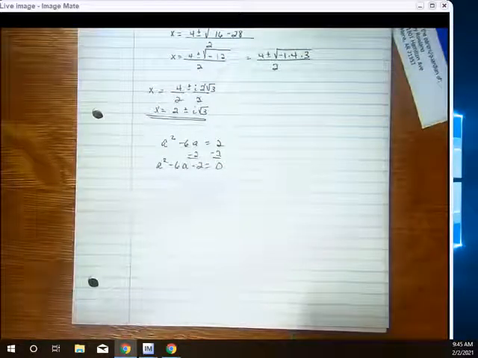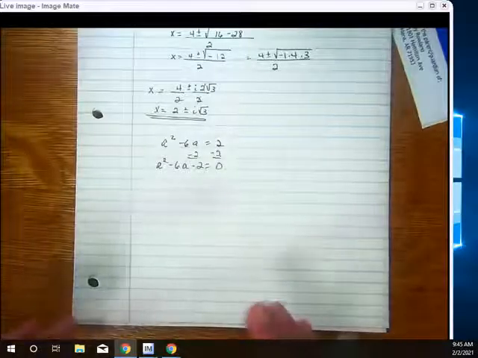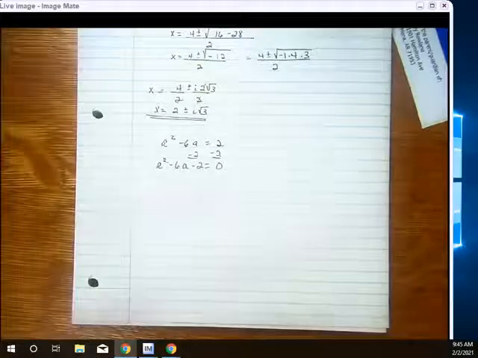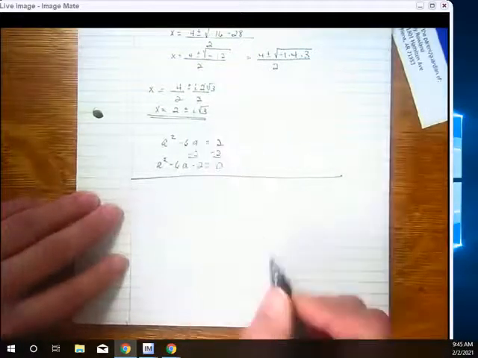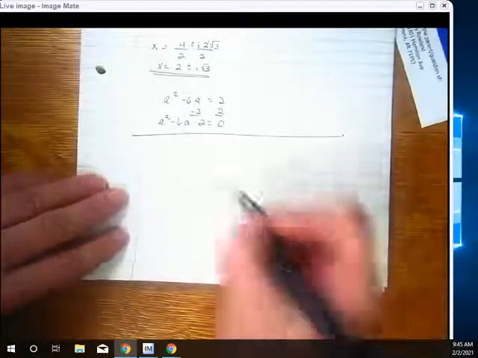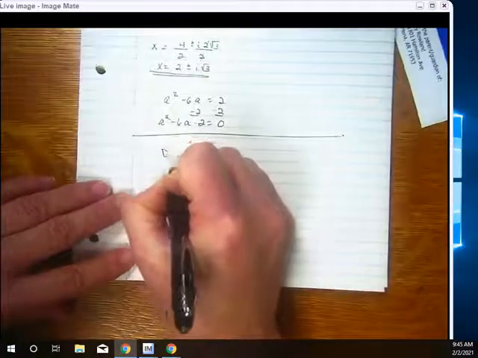We have looked at a couple of different problems where we've had real numbers, we've had imaginary numbers, which is this i business that we were talking about, those complex numbers, and it all comes from the discriminant.